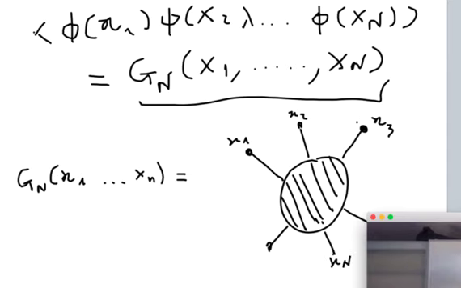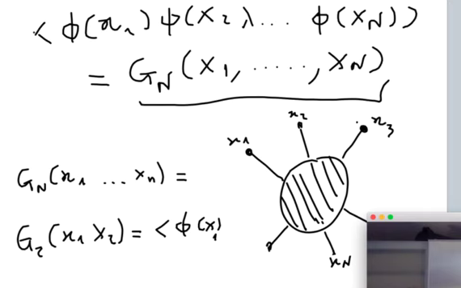So what this is basically telling is the correlation of the values of fields in different positions. In particular, for instance, if you have a two-point correlation function, then you have the thermal average of the product of the fields.